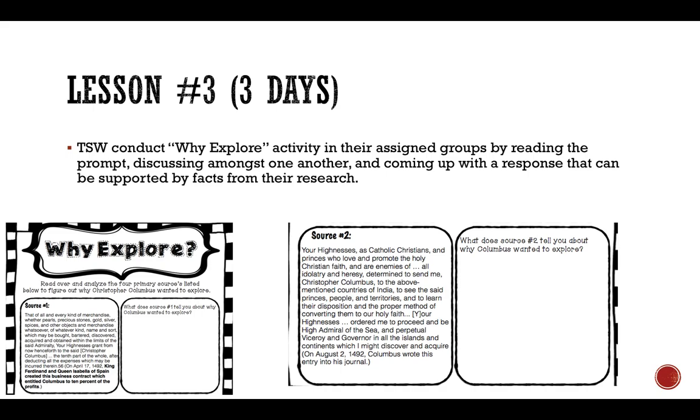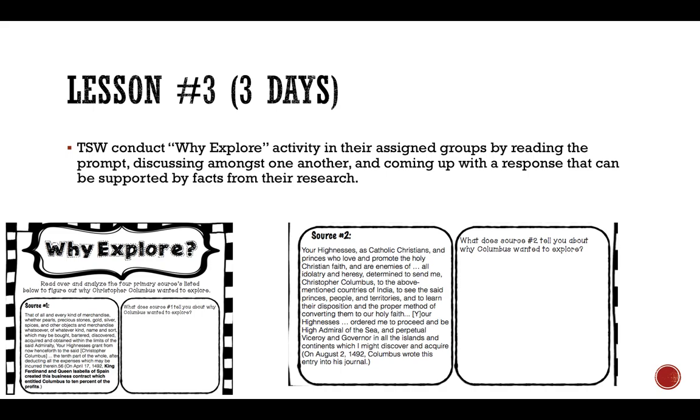Lesson number three should take 3 days. The students are going to conduct a Why Explore activity in their assigned groups. There will be a prompt, and they're going to discuss between one another what they think the answer is to it and come up with a response that can be supported by facts from their research. So, once again, this is something that the students will be doing as a group together. They'll be interacting with one another to convey meaning into their own learning.